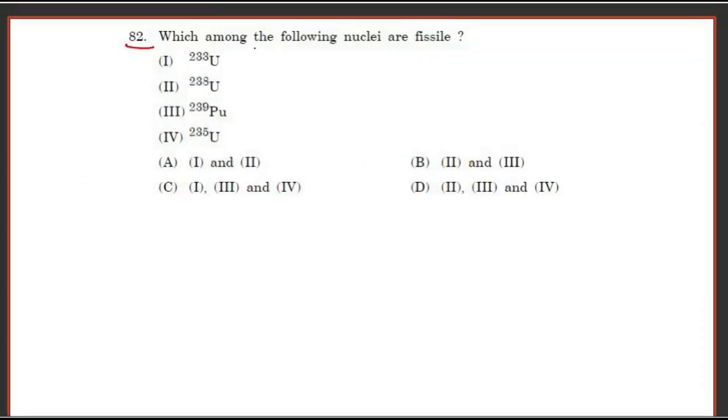Question number 82. Which among the following nuclei are fissile? Fissile is nothing but fissionable, or breakable. Here in this option, uranium-238 is non-fissionable, non-fissile.